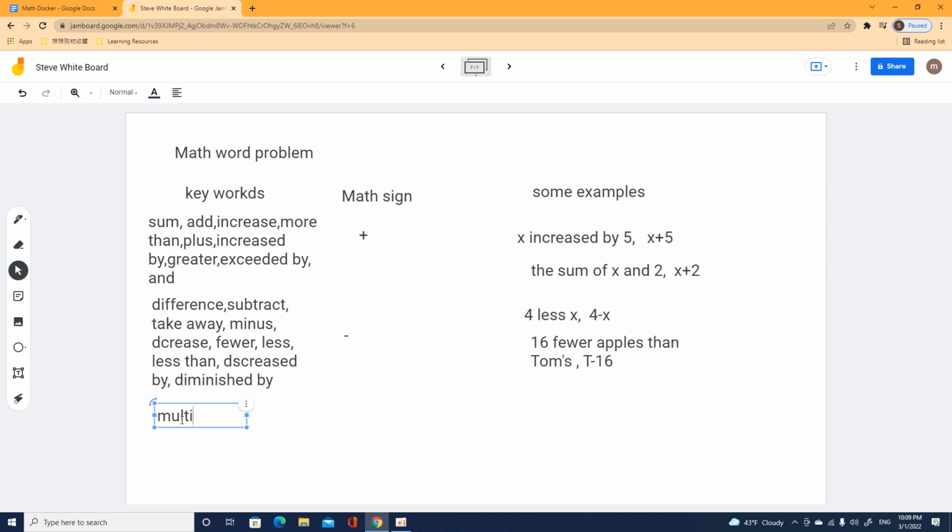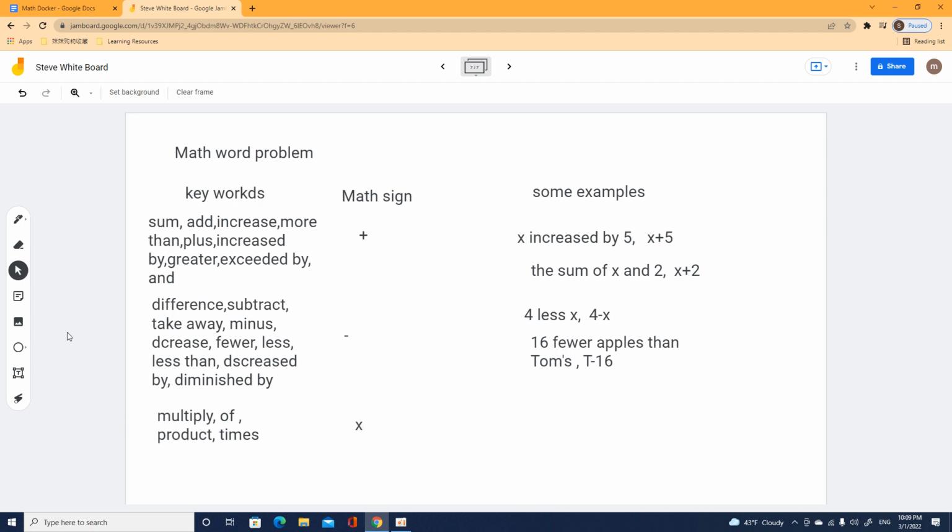Also, some keywords for multiplication, such as when you see multiply, of, product, times, you need to think about the multiply sign.